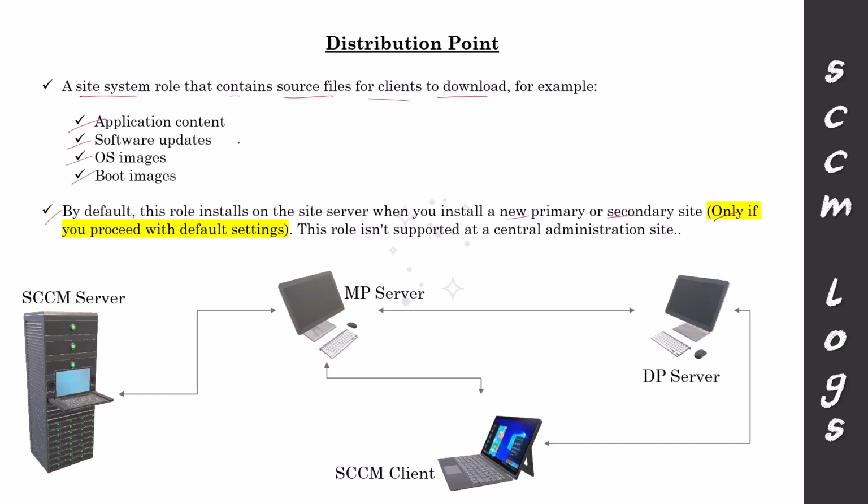If you proceed with the default settings, you can have the DP and MP on the same primary server. This role isn't supported at the central administration site, CAS. The distribution point role is only for the primary or secondary.